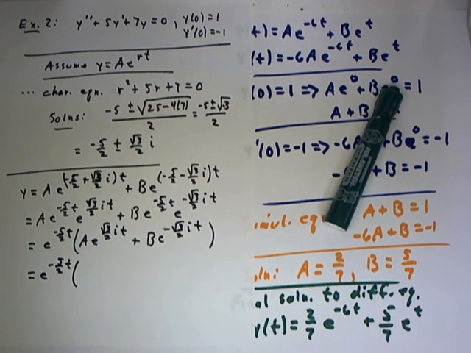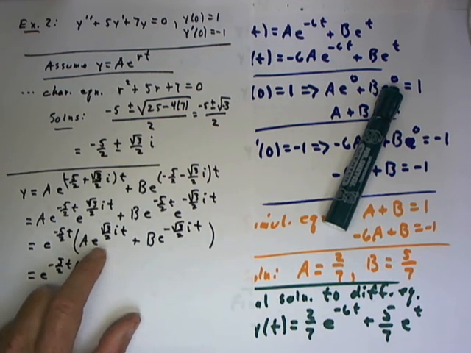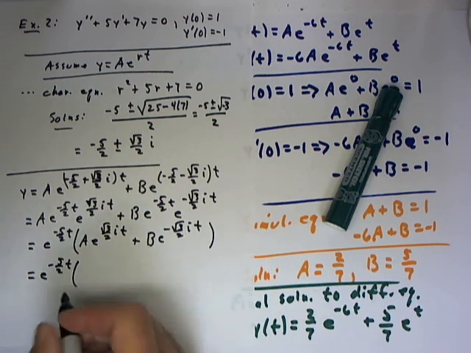Now applying Euler's identity, e to the square root of 3 over 2 it is cosine of square root of 3 over 2 t plus i sine square root of 3 over 2 t.